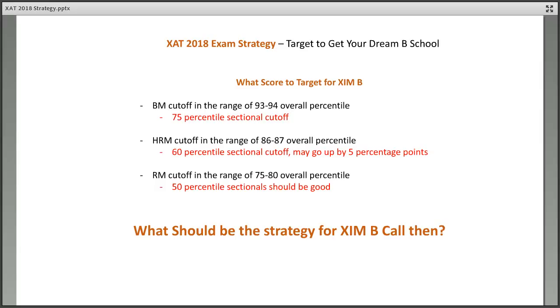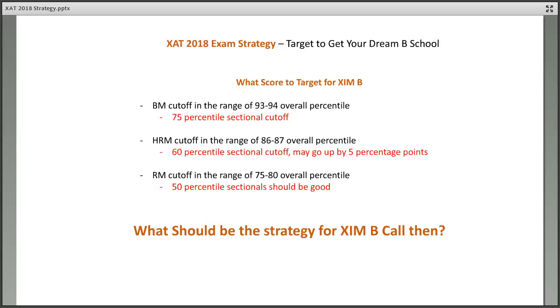Your aim for XIMB in terms of strategy should be to cross the barrier of 93 to 94 percentile in case you are aiming for the business management course at XIMB. In case you are looking for HRM, you should be very safe the moment you reach the 87 plus bracket in terms of percentile.